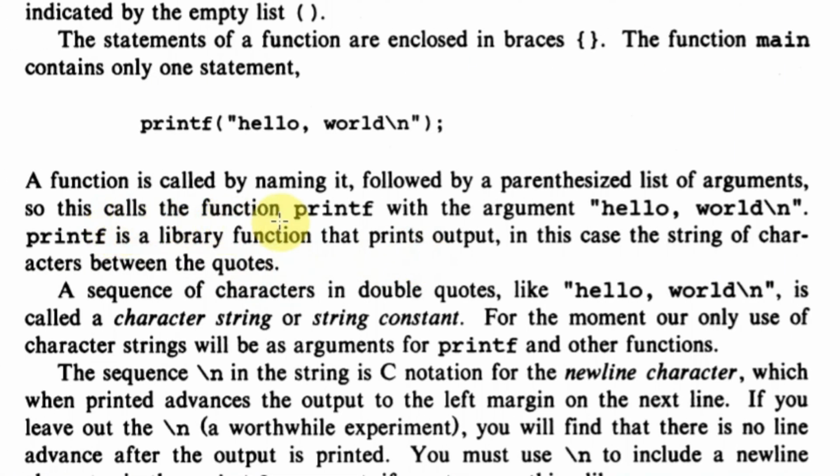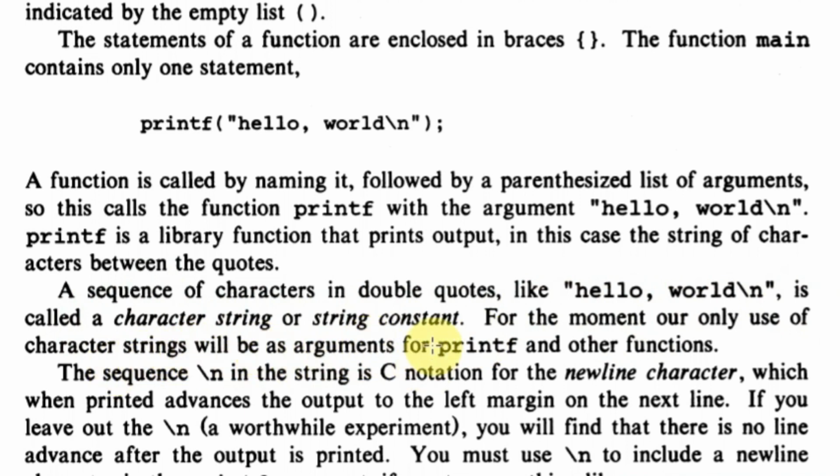So it says here, it calls a function printf with the argument hello world \n. Printf is a library function that prints output. In this case, the string of characters between the quotes. A sequence of characters in double quotes like hello, comma, world \n is called a character string or string constant.